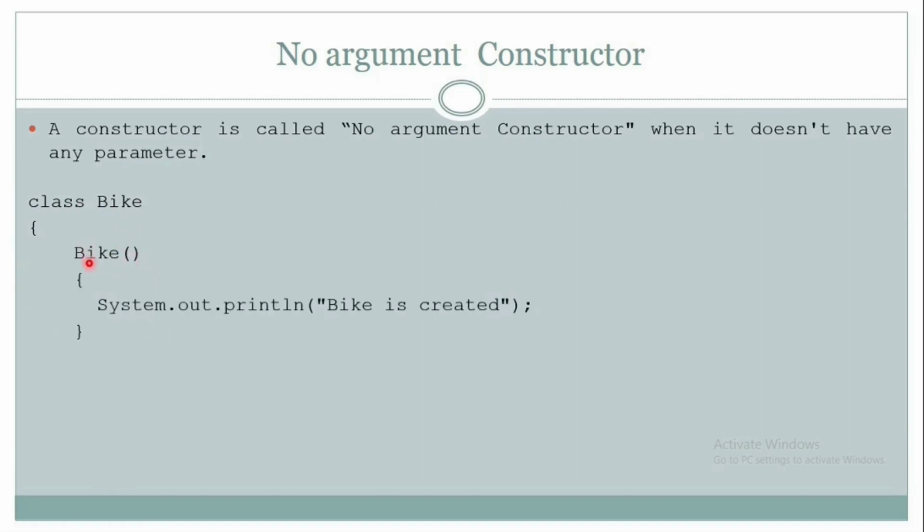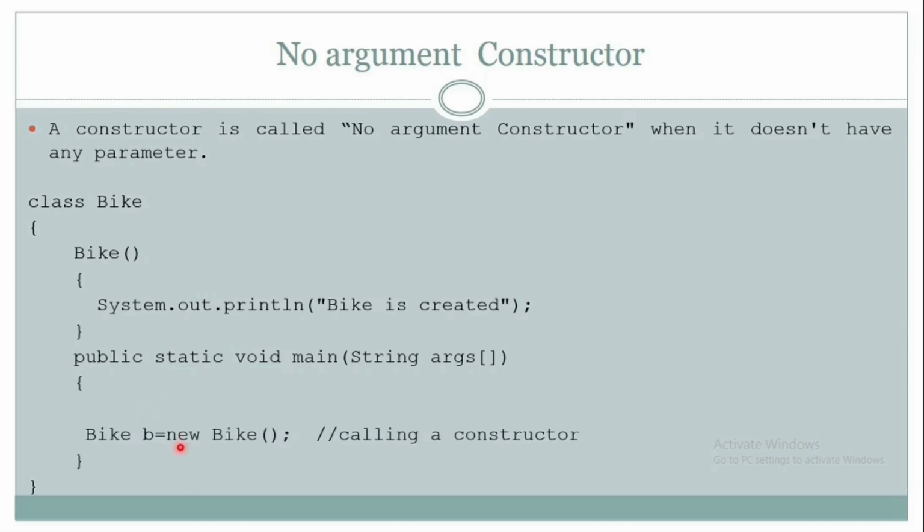This is called the constructor. As the features say, constructor name should be the same as the class name, and constructor doesn't have any return type. Constructor is called automatically when an object is created. As you can see here, b is an object of class bike. Whenever an object is created, the constructor is called automatically.